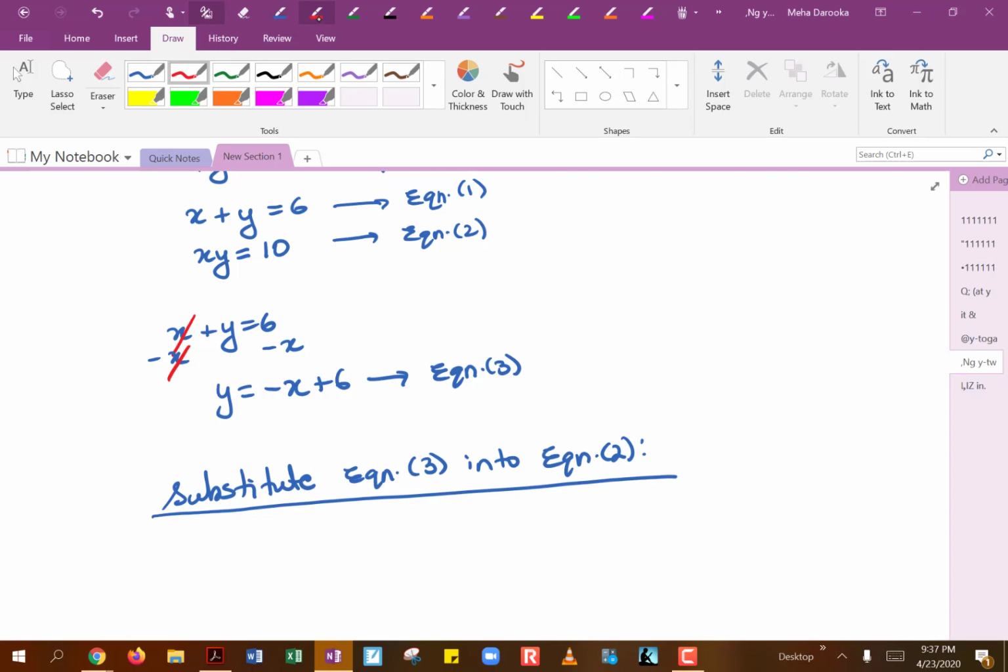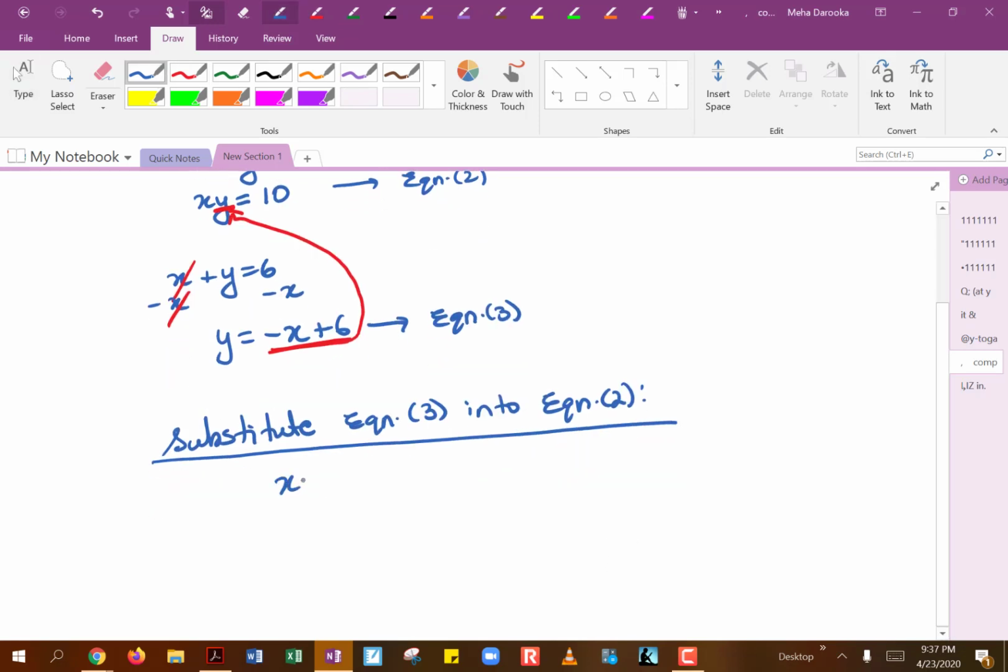So what we're actually going to do is we're going to take this value and we're going to substitute it for y in our second equation. Okay? So our second equation is x times y equals 10, but instead of y, we are substituting it with negative x plus 6. Okay?